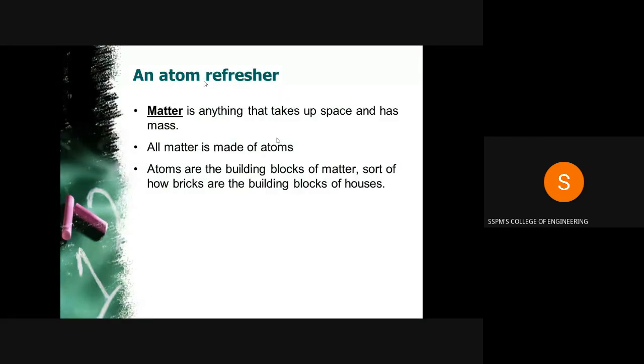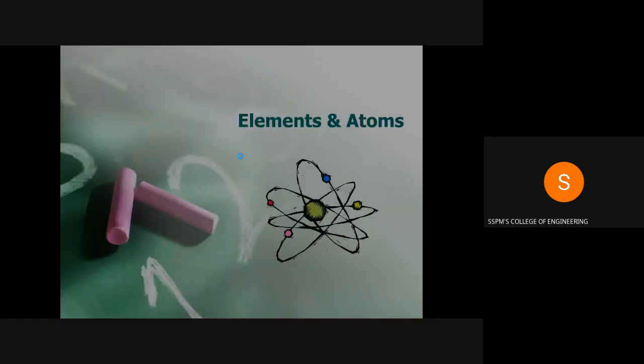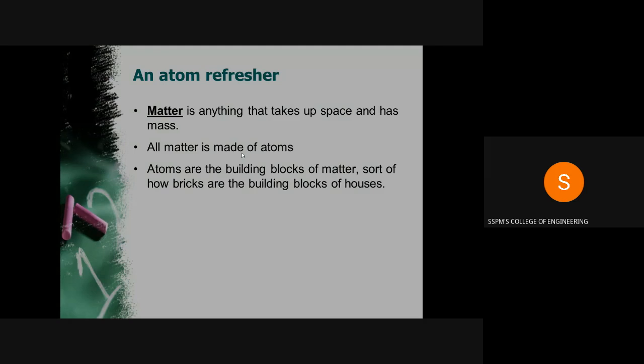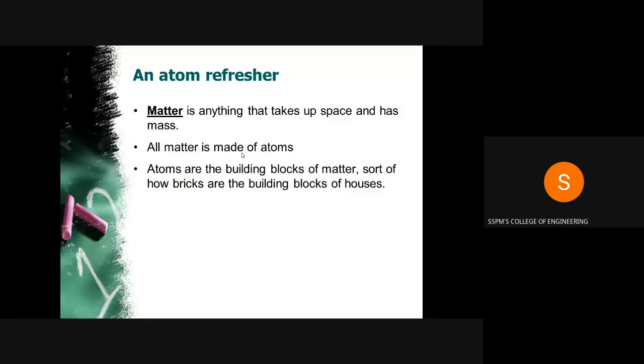You already know what is meant by atom. All matter is made up of atoms. All the matter on our earth is made up of atoms. An atom is a very small thing, which is the building block of matter.